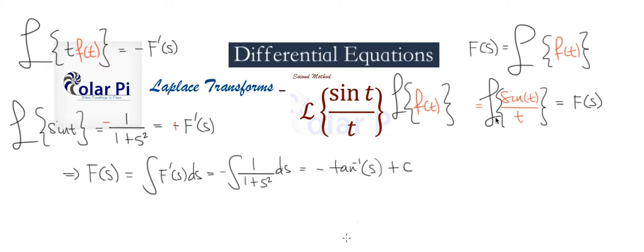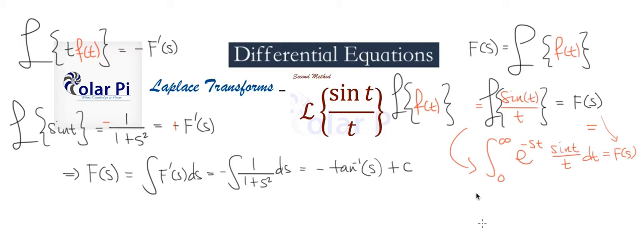By definition, the Laplace transform for sine t over t is the integral from 0 to infinity of e to the minus st times sine t over t dt. This here, therefore, is capital F of s. Okay, let's look at what would happen if we put in F of infinity.